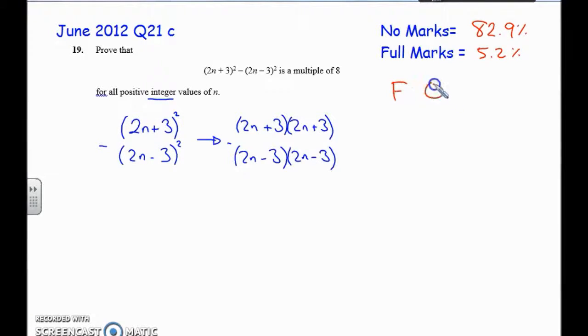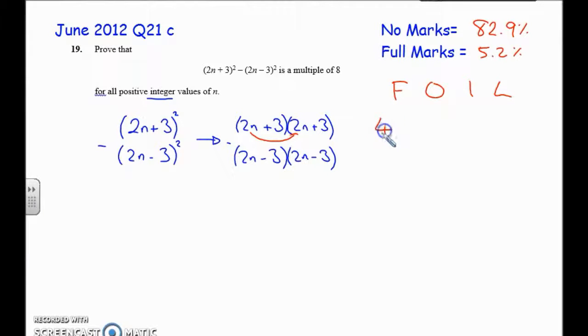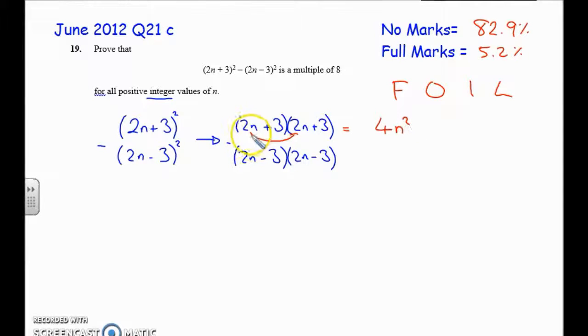Now we just use FOIL as a way to remember an order of doing things. So the F stands for the first two terms, and that's going to be 2n times 2n. So that's going to give me 2 times 2 is 4, and n times n is going to give me n squared. The outside terms are the 2n and the plus 3.